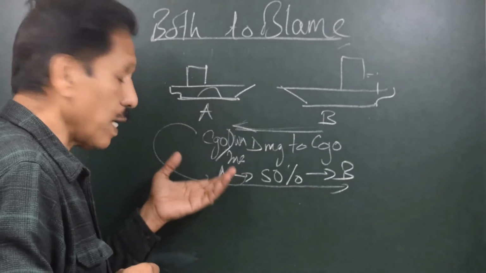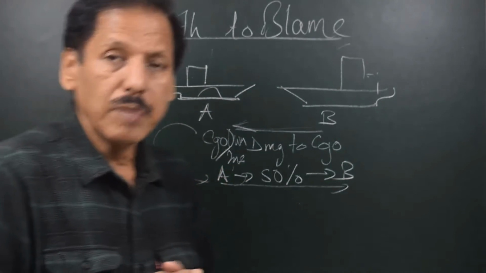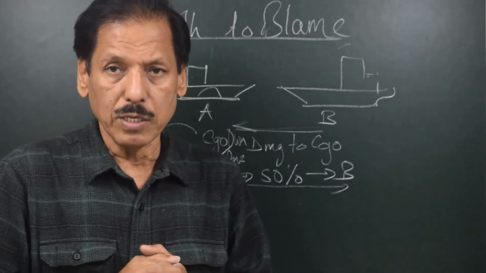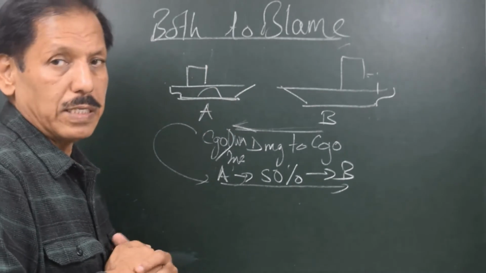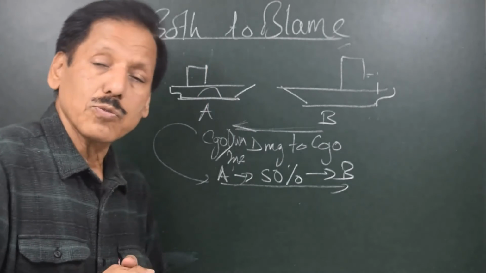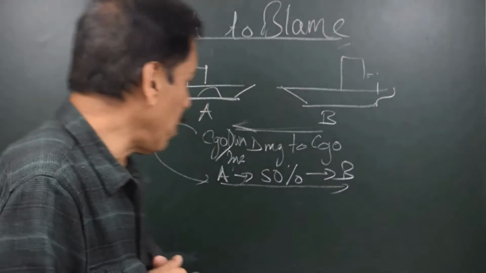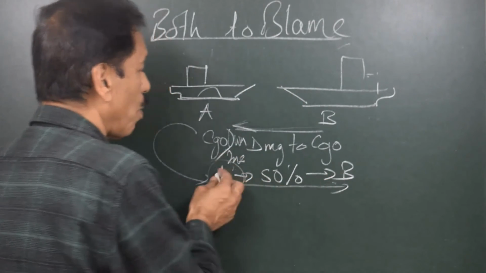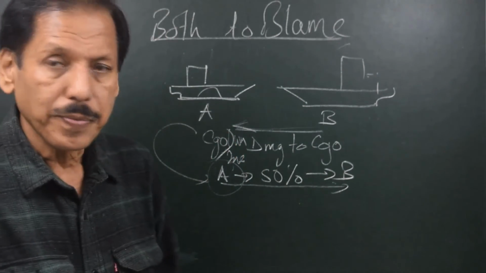So if A gets that money, then we can say that the Hague-B rule, or whatever immunity Hague-B rule has provided, holds good here. But that will happen only after inserting a clause, that is both to blame collision clause. So under both to blame collision clause, whatever money is paid by A to B is compensated by the cargo insurer and A gets the money.